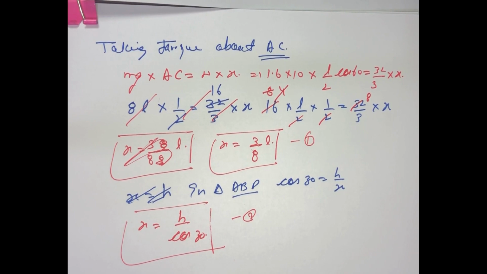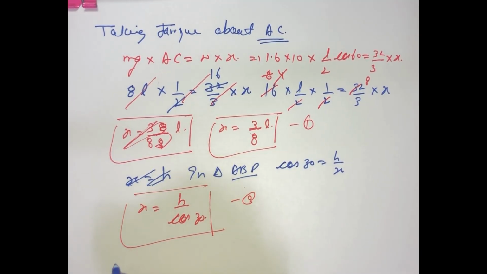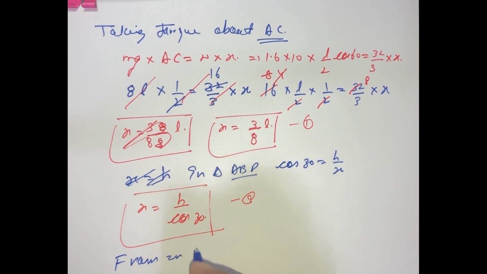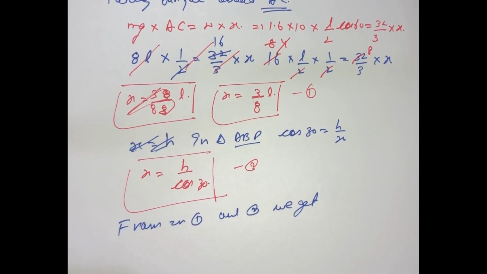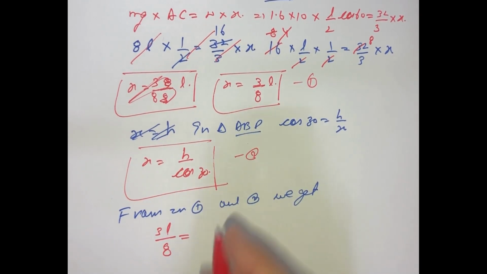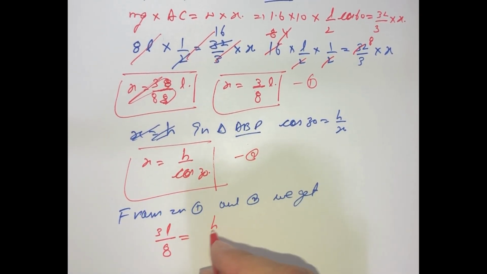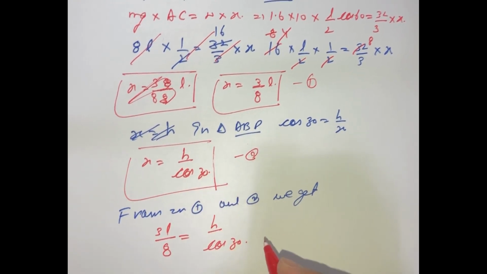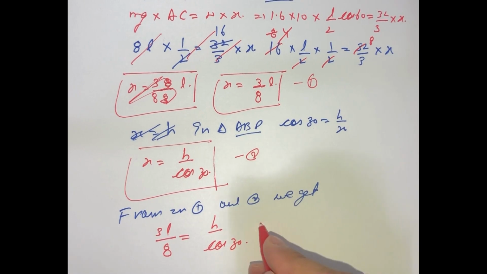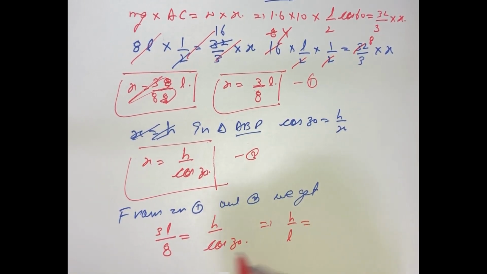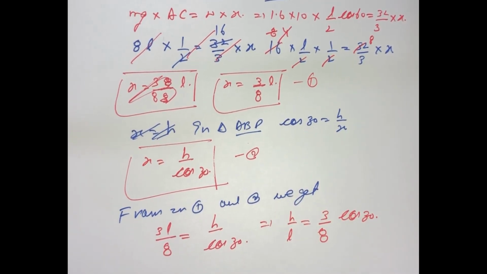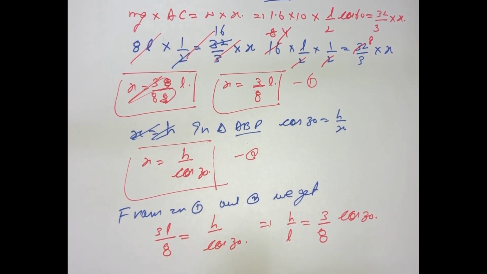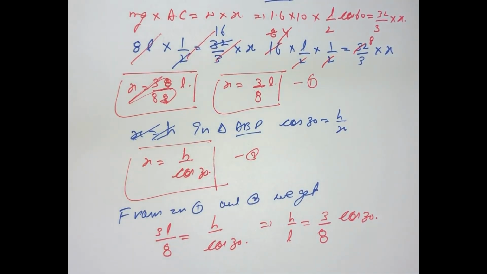You can say from equation 1 and 2 we get 3L by 8 is equal to h upon cos of 30, and we are supposed to find out h upon L. From here we can say h upon L is equal to 3 by 8 cos of 30. We substitute the value of cos of 30, that is square root of 3 by 2.